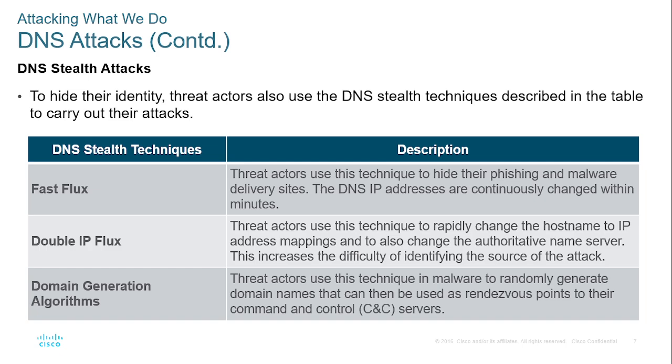Even the DNS IP addresses keep on changing continuously. And then we have what we call double IP flux, where the attacker quickly changes the host name to IP address mapping, and also changes the authoritative name server. That increases the difficulty of identifying the source of the attack.